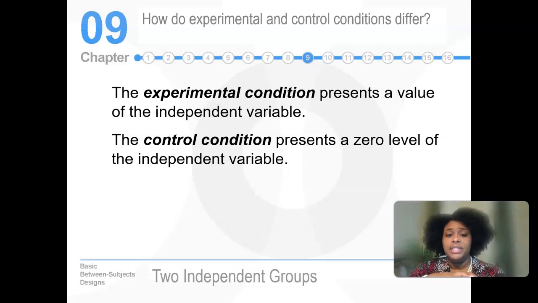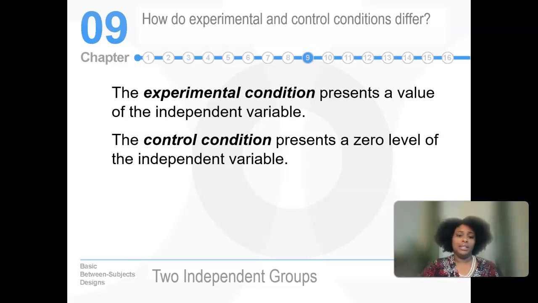Let's look at the differences again between the conditions. The experimental condition represents a value of the independent variable, which means my independent variable may be a happy pill. I'm going to take that happy pill and see how it impacts my DV.